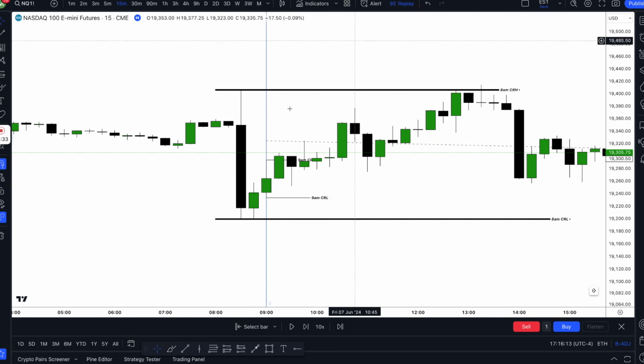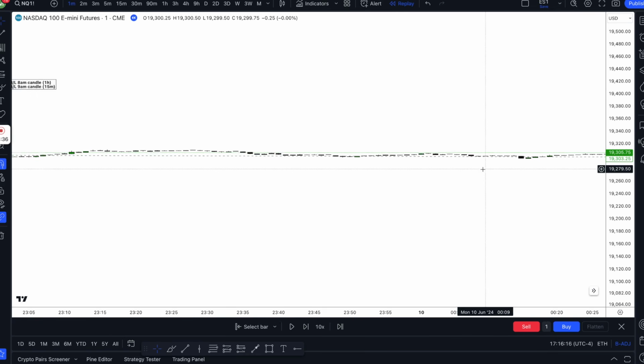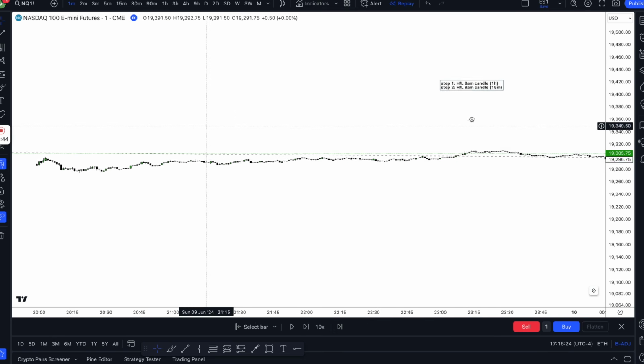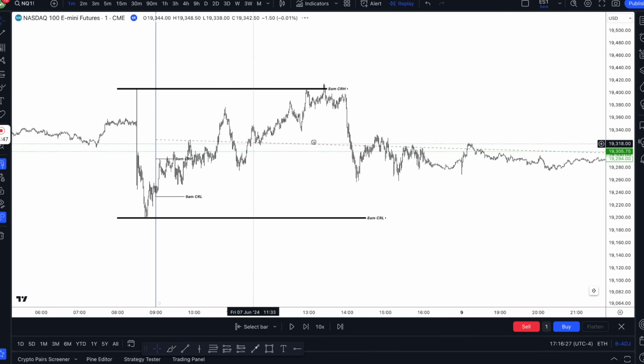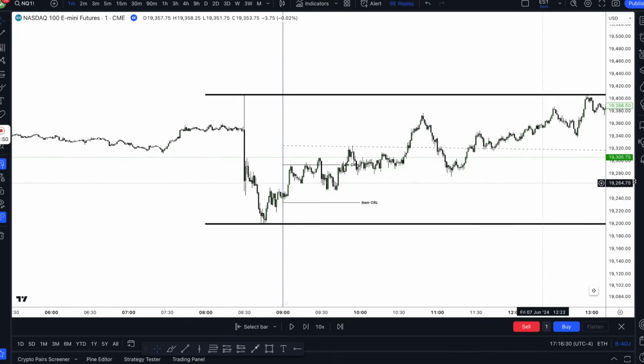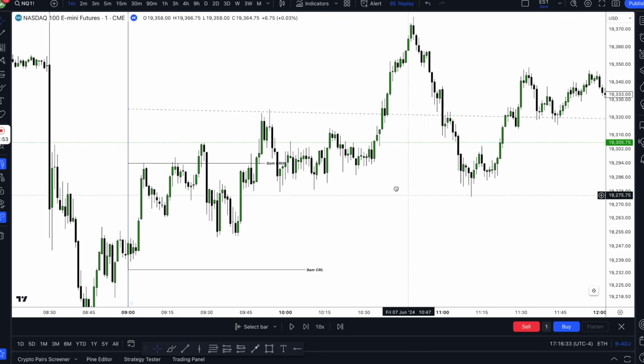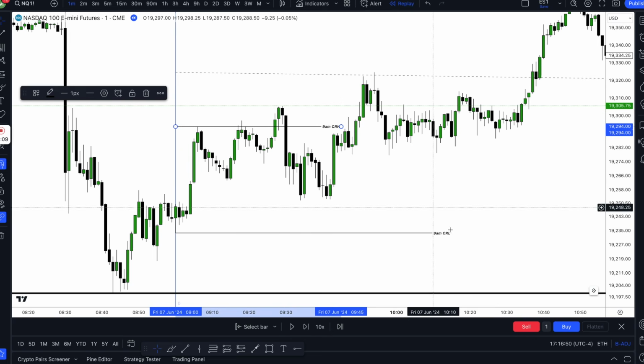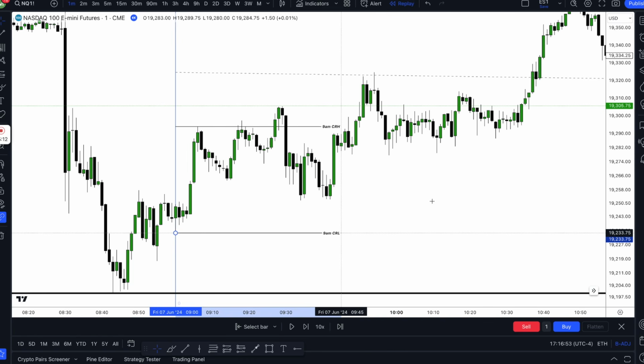So let's take a look at the 1 minute time frame to see exactly what happened. Don't overcomplicate anything, guys. These are the 2 steps that you need to follow. So, of course, 9 a.m., 1 minute time frame, we hit the 9 a.m. CRH candle range high right here.